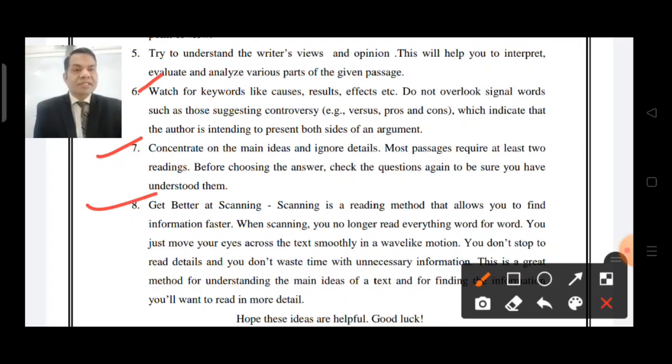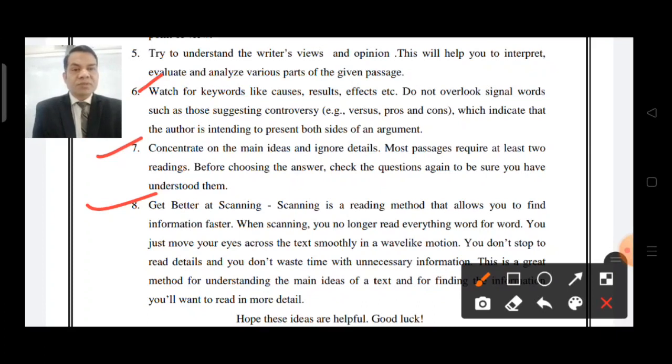Get better at scanning. Scanning is a reading method that allows you to find information faster. While scanning, you no longer read everything word for word. You just move your eyes across the text smoothly in a wave-like motion.